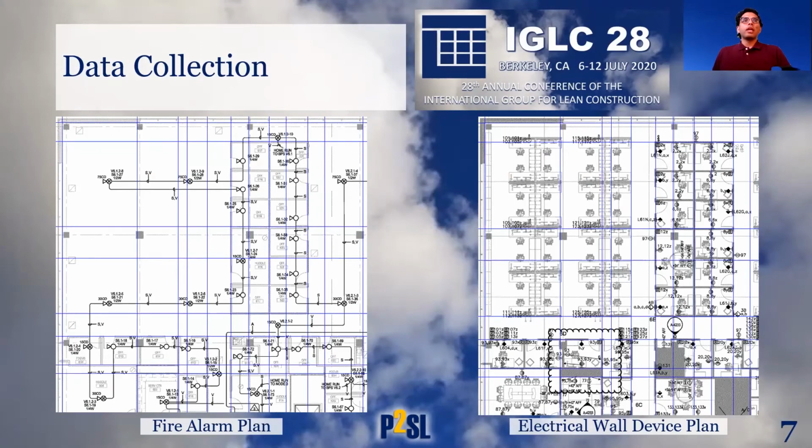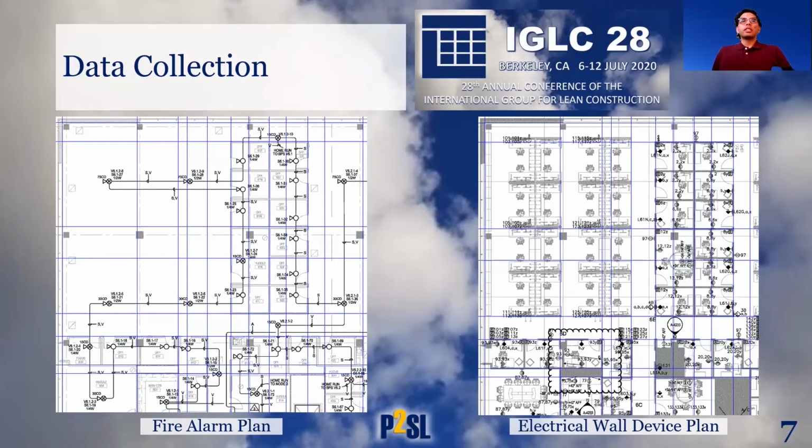So coming to the data collection part, other than the process maps that tell us the processes and their individual steps, we need to calculate the work density for each of these steps identified, for which quantity of work and production rate is required. This has to be done upfront and with the trades involved.